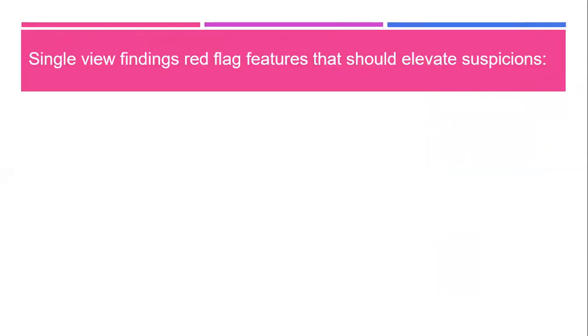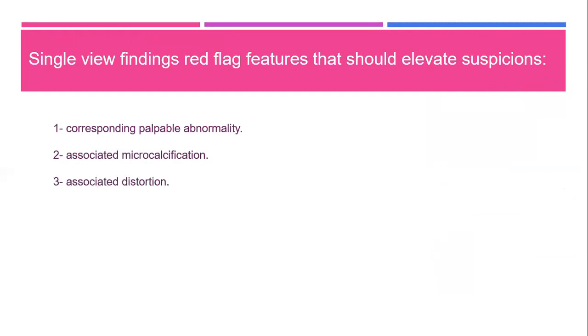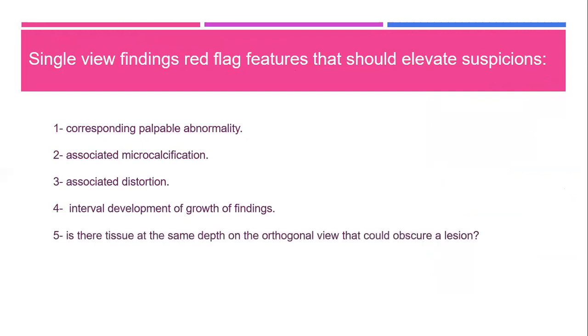Okay. In a case of single view finding, the red flag features that should elevate the suspicion are a corresponding palpable abnormality, associated microcalcifications, associated distortion, interval development of gross findings, and if there is tissue at the same depth on the orthogonal view that could obscure the lesion.